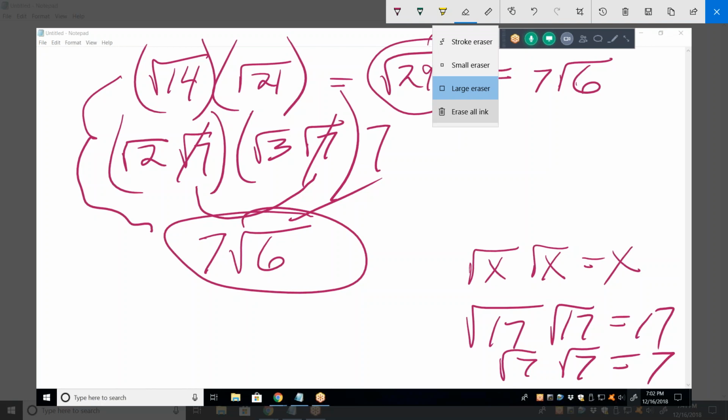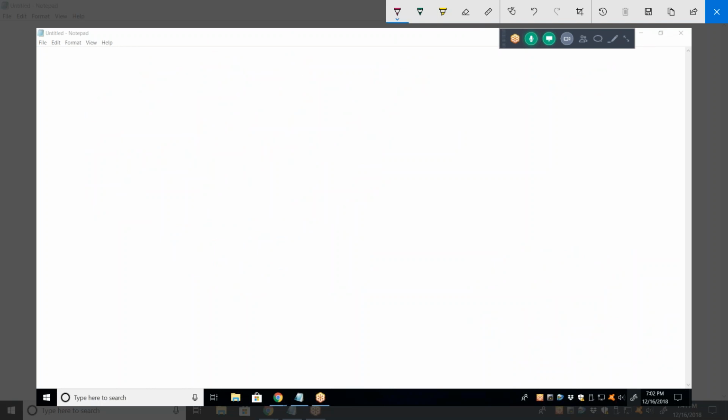So then the next problem is just the square root of negative 99. Now, we know we can't take square roots of negative numbers, right? So the answer is going to have an imaginary number as part of it. There's going to be an i in there. To figure out how to convert this to an imaginary number, what I always do is take out the negative 1 and leave the positive number.